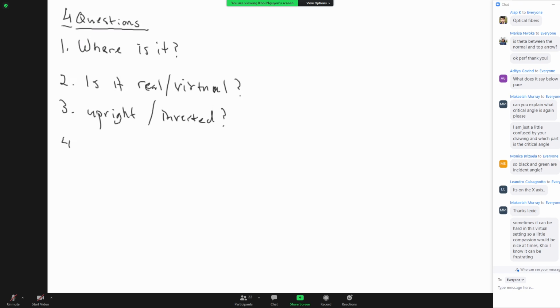Or last but not least, how big is it? So look at the magnification, right?